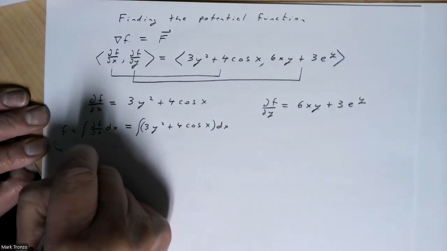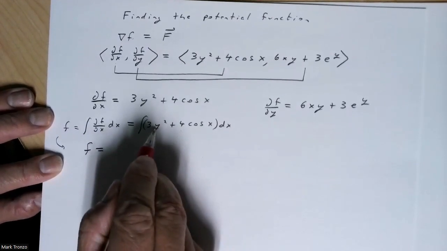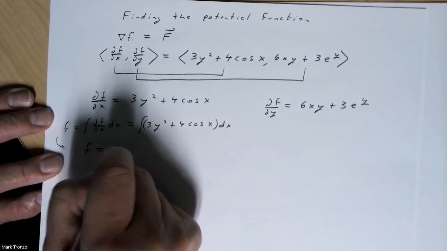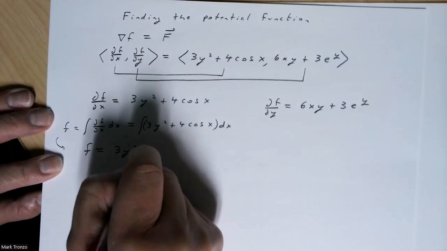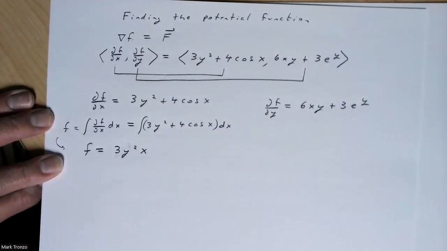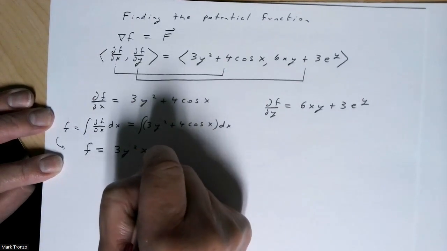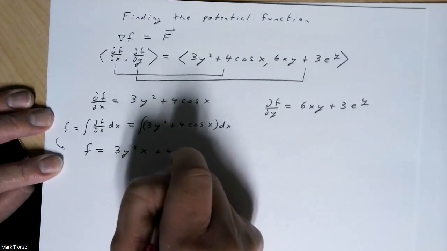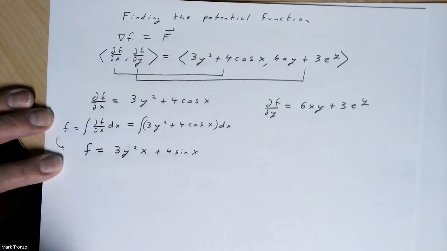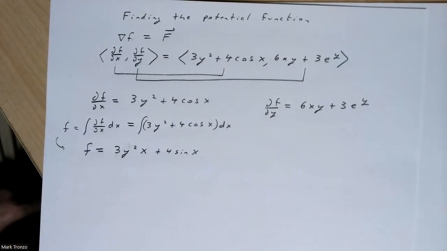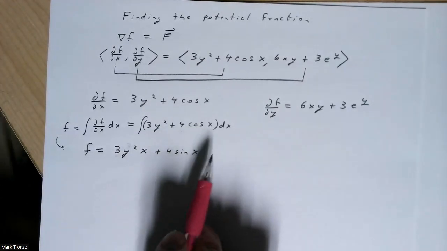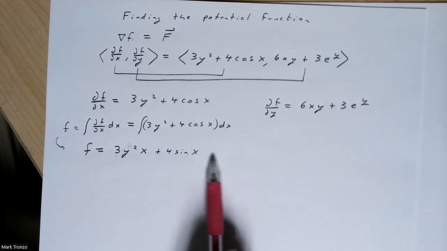And when we do this, if we integrate this with respect to x, we'll get 3y squared x. And integrate this with respect to x, that'll be 4 sine x. And then usually, anytime we integrate, we would put plus c.